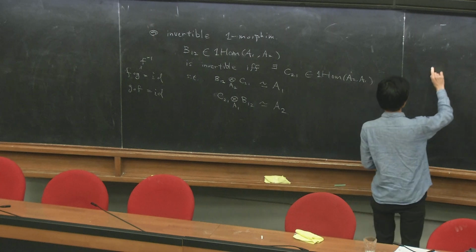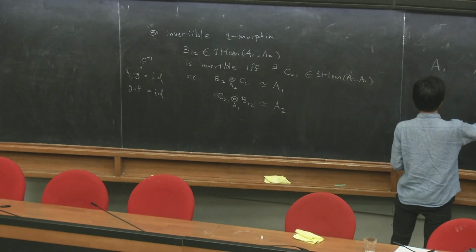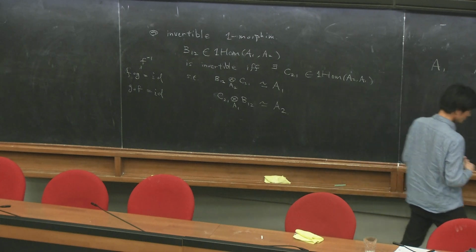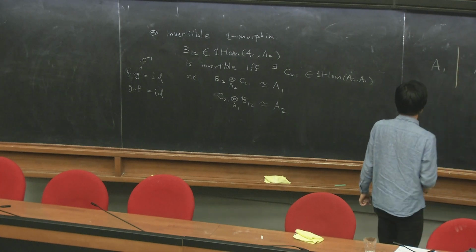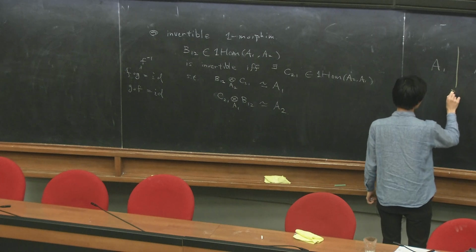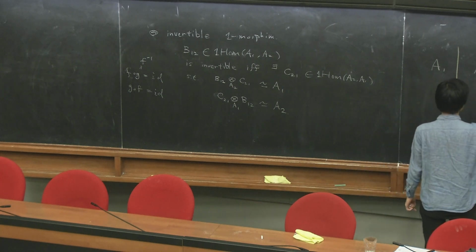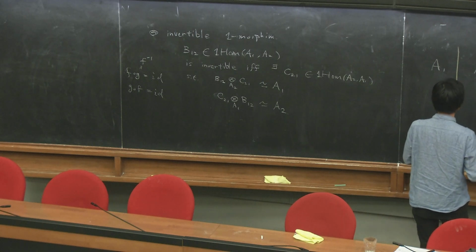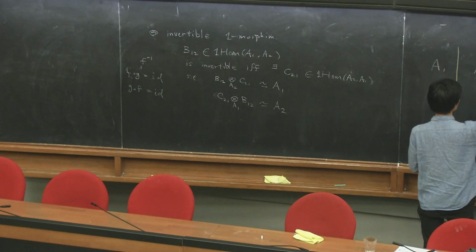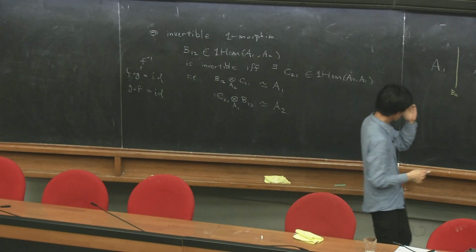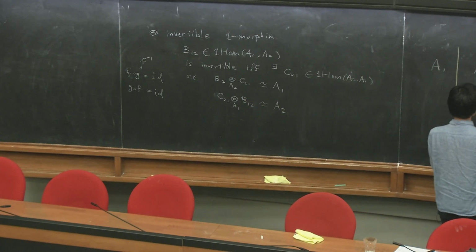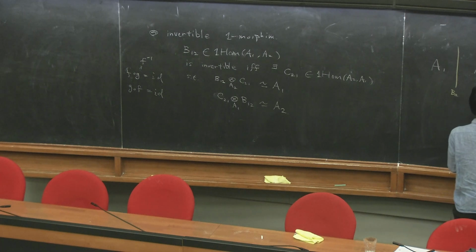In other words, if you have A1 and A2, and then you have an invertible interface, then you have one. So yeah, this condition is that this is A1 and nothing, A1.